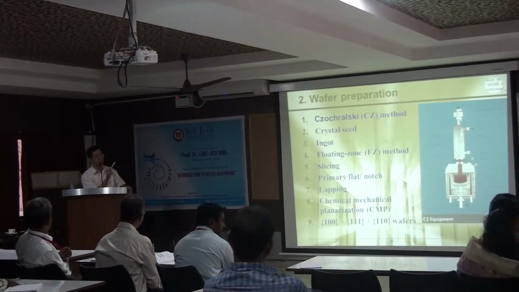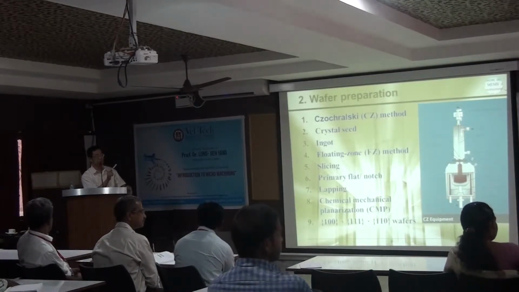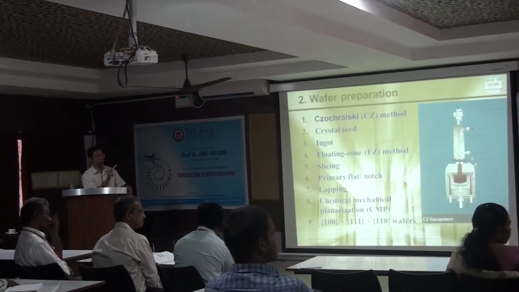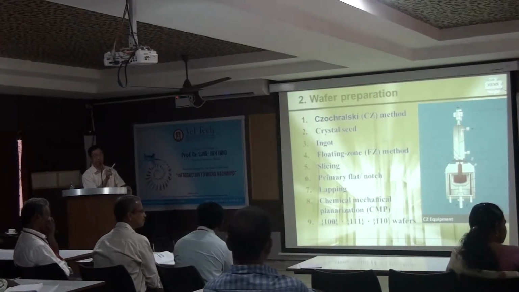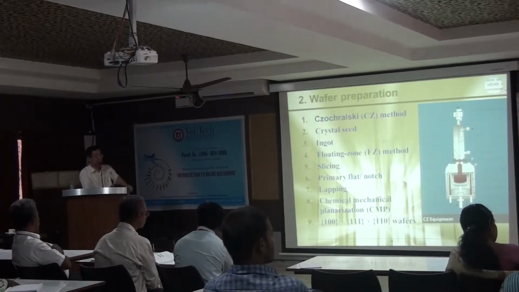For example, for wafers with a diameter between 4 inch and 6 inch, we always have the primary flat, as I show you in the figure.